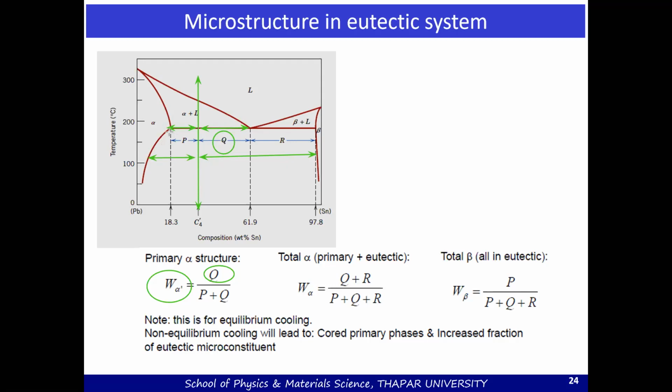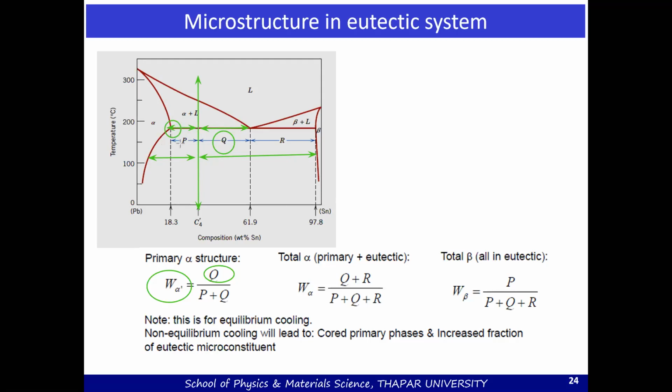Remember, your alpha region will form at this particular point, which I am just marking with a circle. So this is the point where your alpha region is.